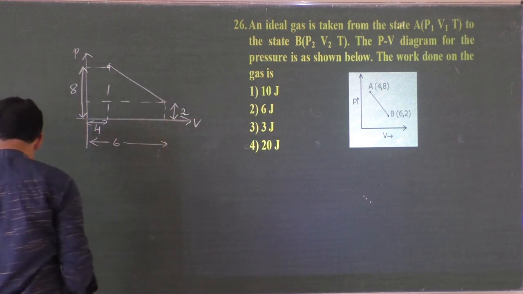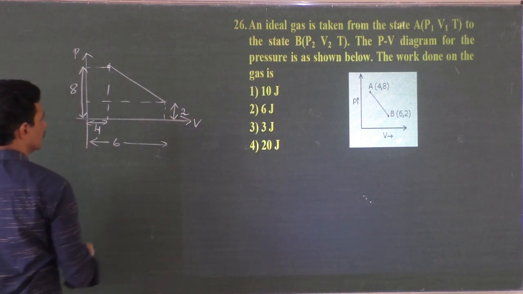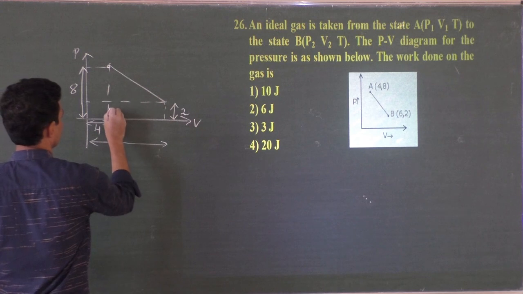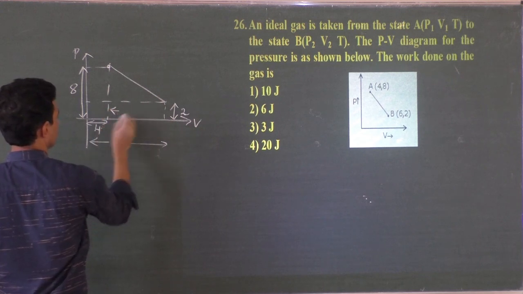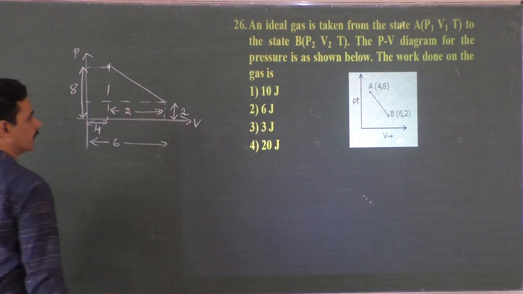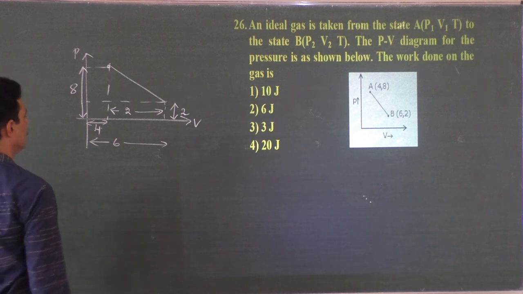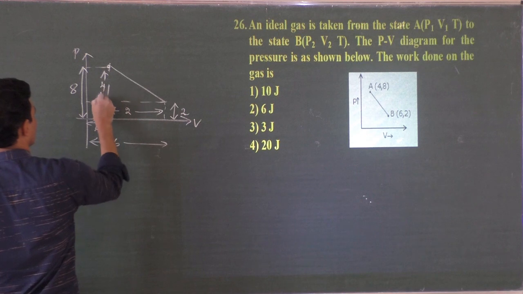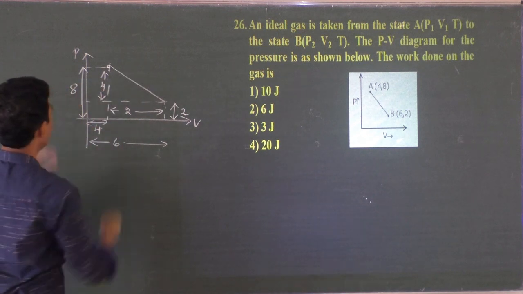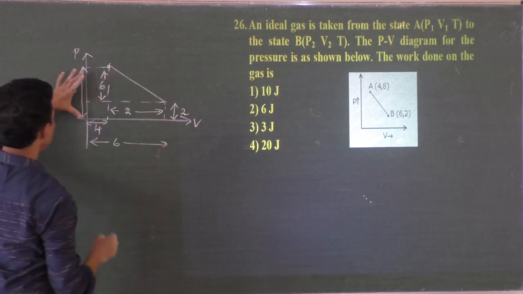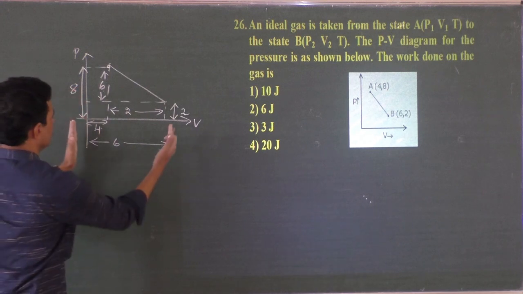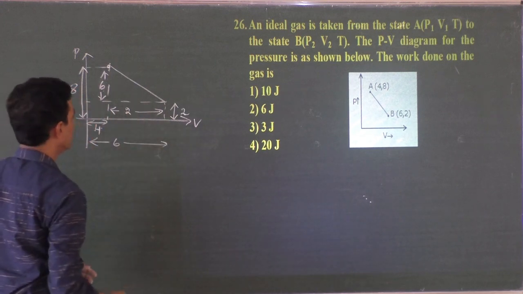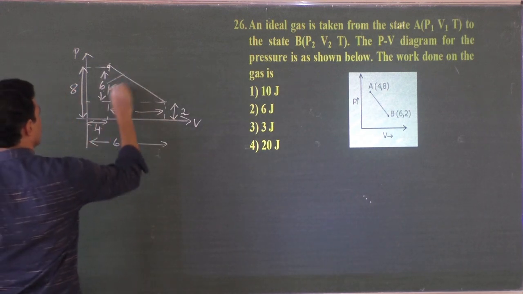I don't have color chalks. 6 minus 4 is 2, correct? 4 to 6. And what is this one? 8 minus 4, this is 4. 8 minus 2, 6. 6 minus 4, 2, yeah. Area under the full curve is this one.